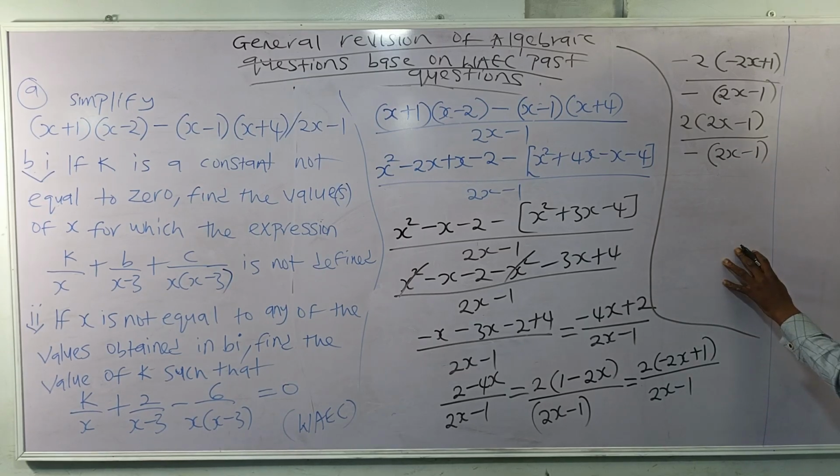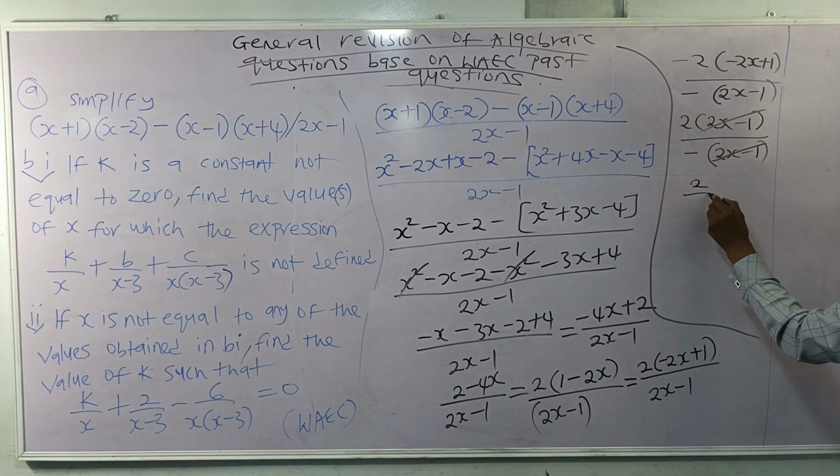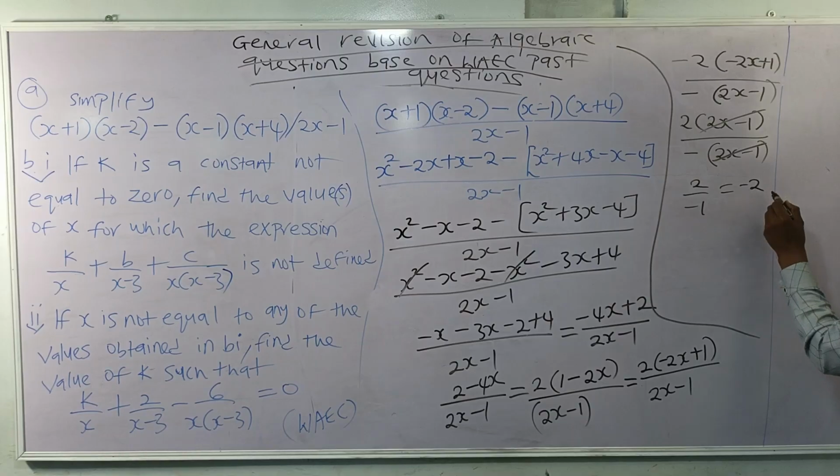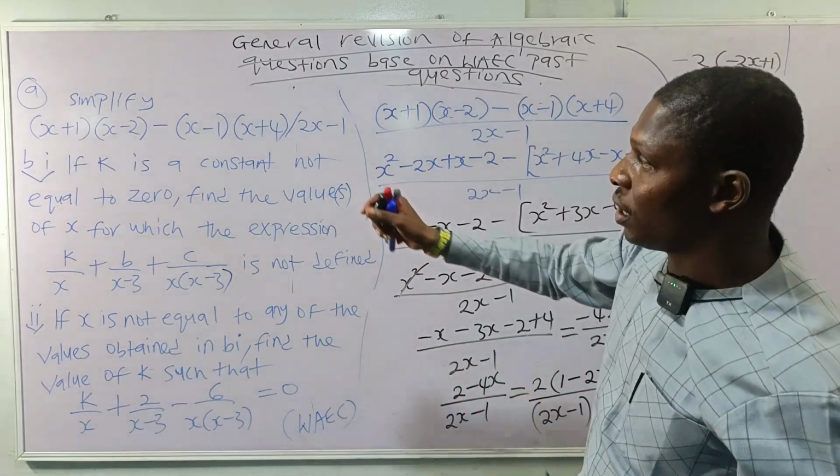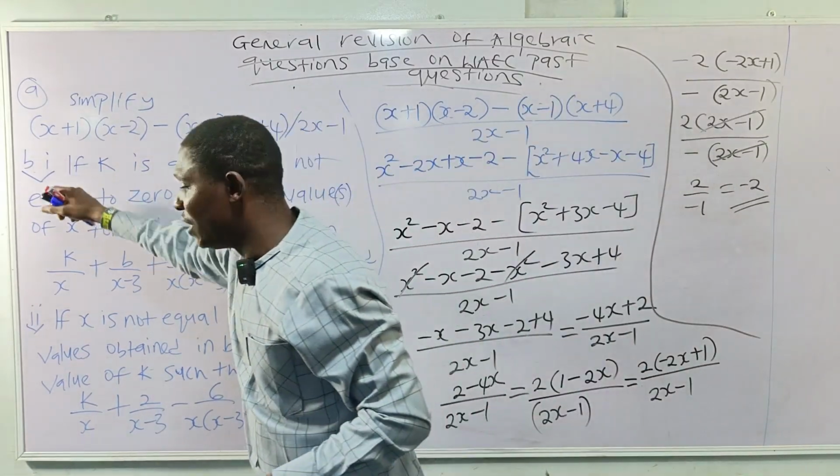And this can cancel this. I'll have 2 all over minus 1, which is equal to negative 2. So this is my answer for part 1.